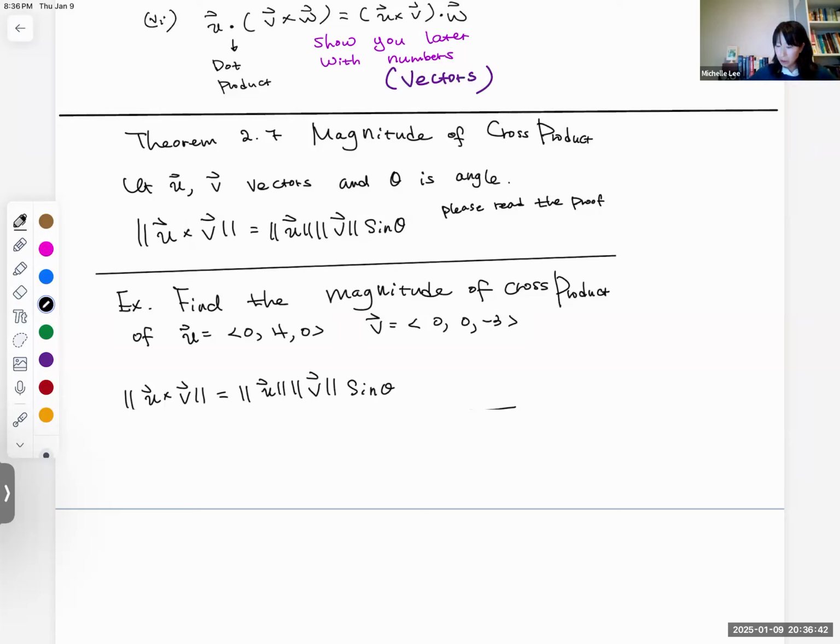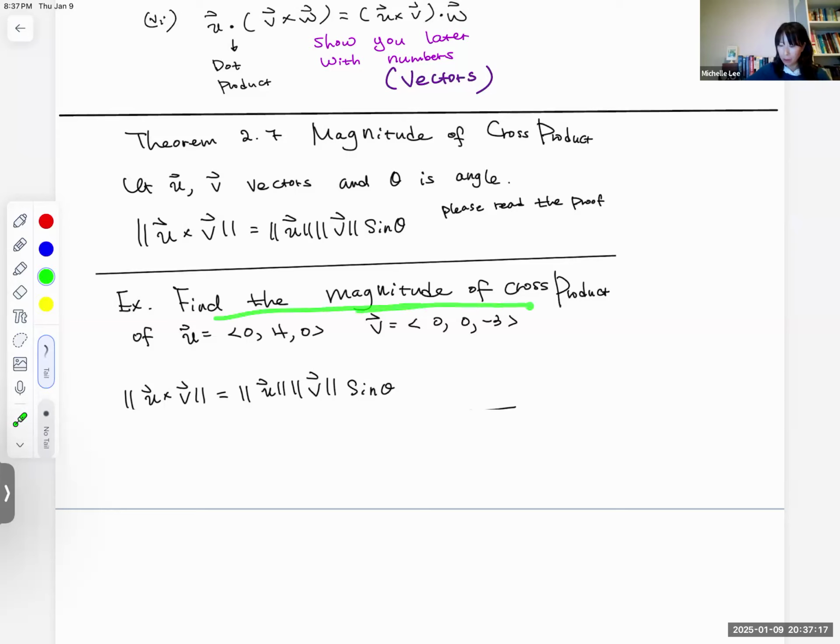U and V are vectors, theta is the angle. Then the magnitude of the cross product of U and V equals the magnitude of U, magnitude of V, and sine theta, right? Please read the proof in the textbook if you are curious how you get this one.